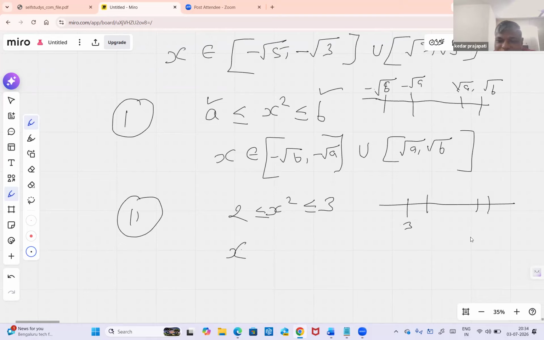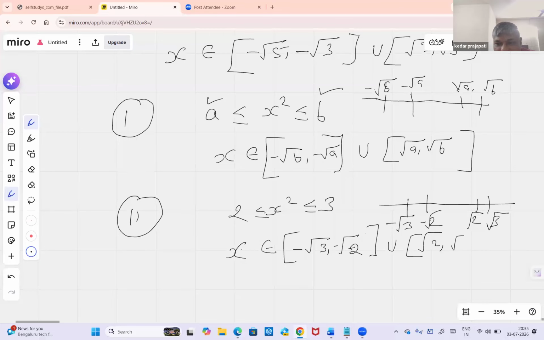This is root 3, this is also root 3, this is root 2, root 2. Now this side minus, this side plus. So x belongs to minus root 3 to minus root 2, union root 2 to root 3. Any doubt?